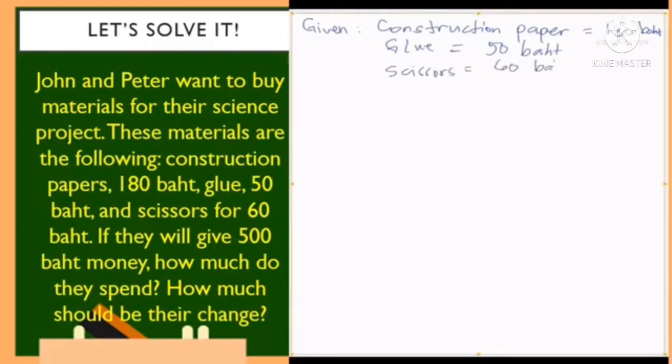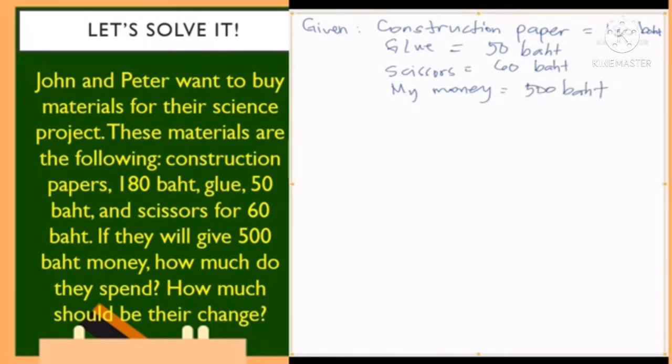Alright, and then what else do we need to write here for the given? Yes, we need to write how much money you have. So I can put here my money. How much is your money? 500 baht.